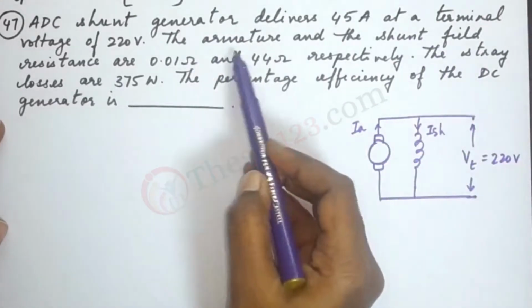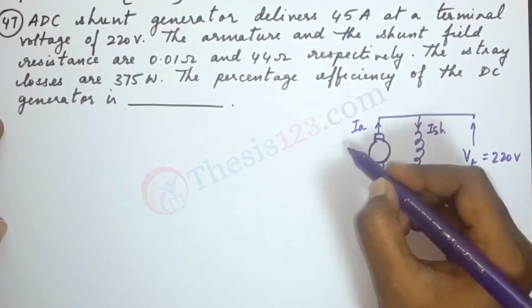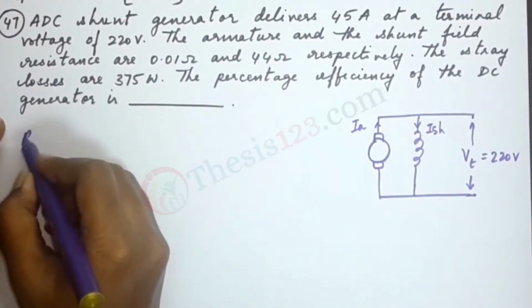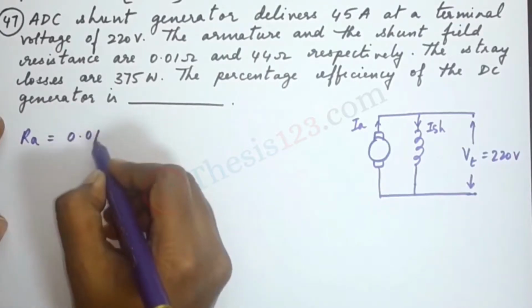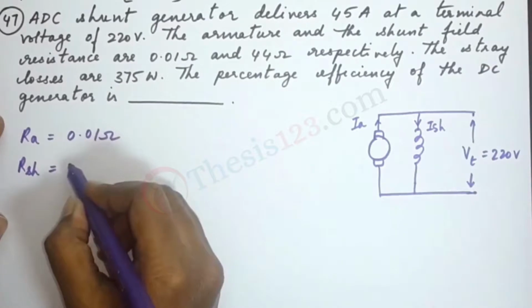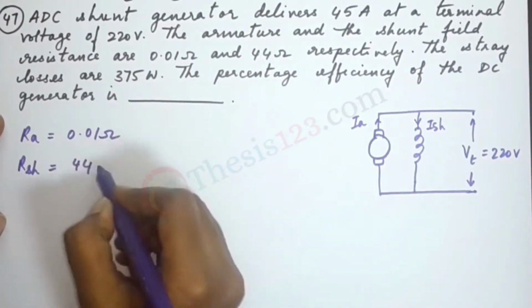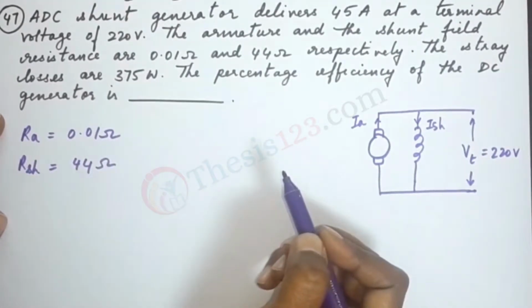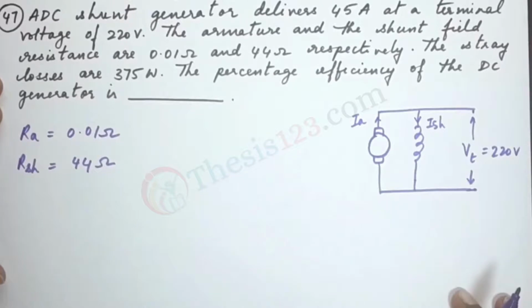The armature and the shunt field resistances are given to us. So Ra is equal to 0.01 ohm. Rsh, shunt field, that would be 44 ohms. Alright, so this is what we have so far.